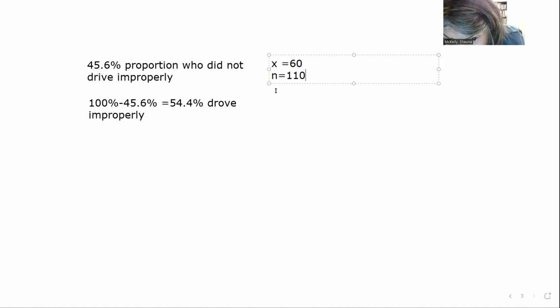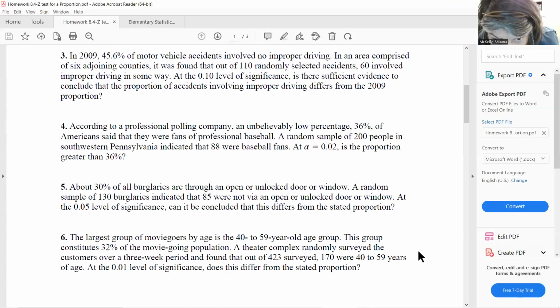Now, this group, your p hat group, X over N, you have to be a little bit careful, because is this X or not? Well, if you go to your page, it says that those people drove improperly.